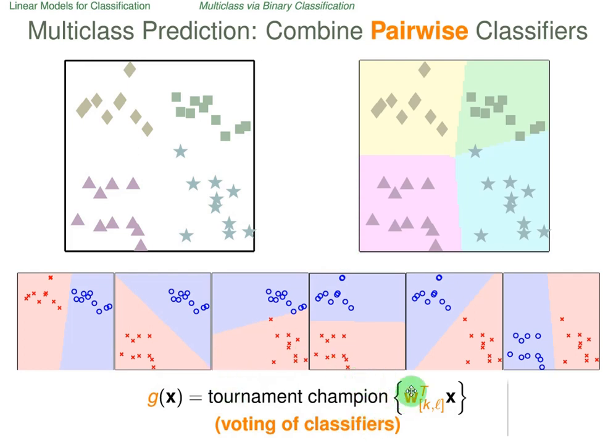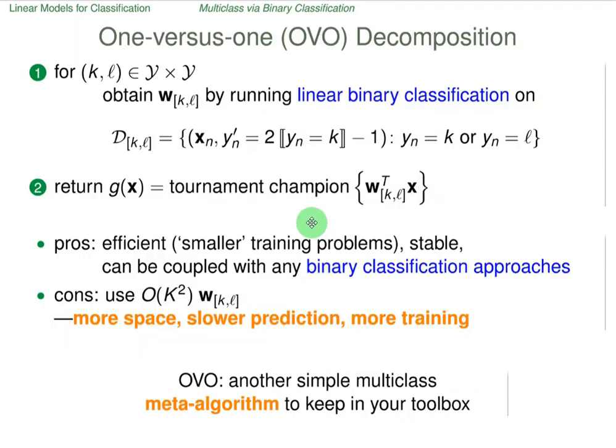Given one example, if 4 classifiers out of 6 decide the label is +1, and 2 decide -1, then it will be +1. So we pass one example through all classifiers and decide the final decision by majority vote. It's like a tournament champion.